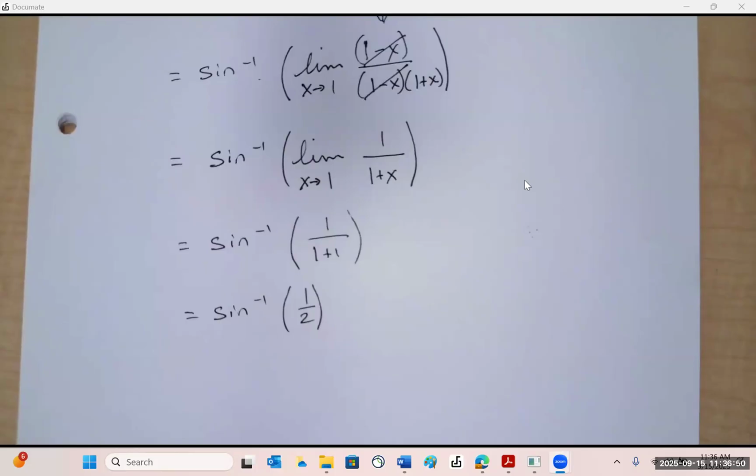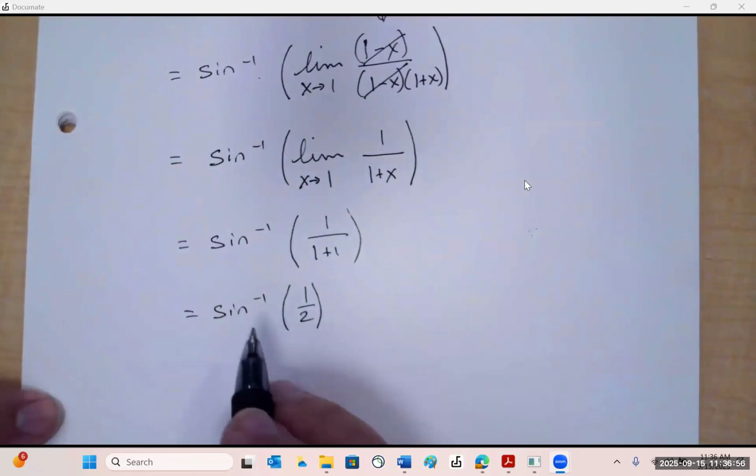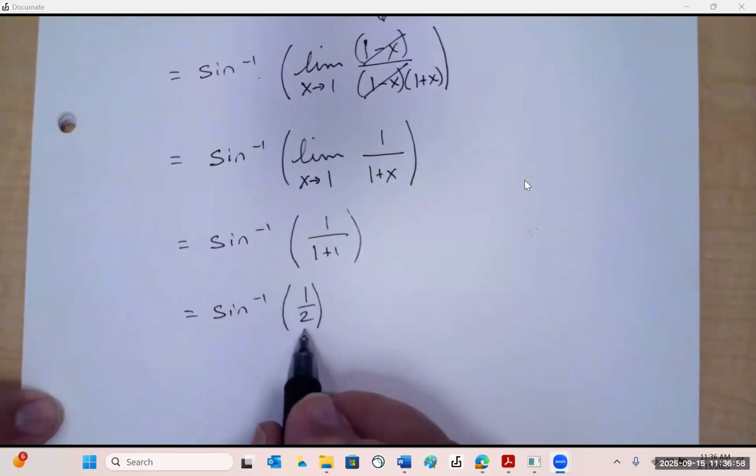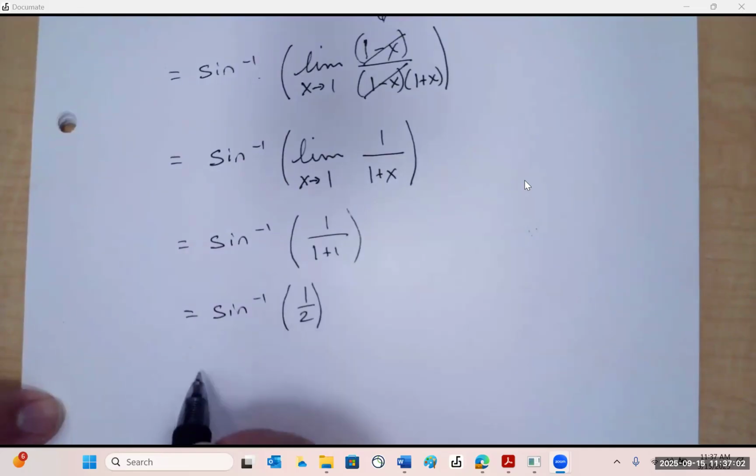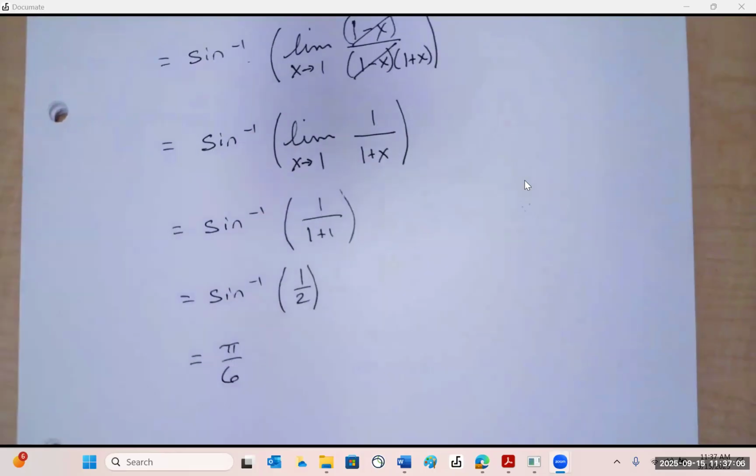You're absolutely right. Here's what it is. Now, inverse functions: what angle of sine will give us the answer of 1/2? 30 degrees. So that's the answer. Inverse functions, you have to think of it backwards.